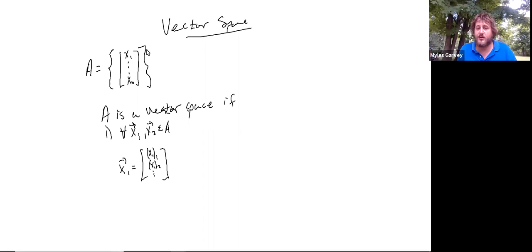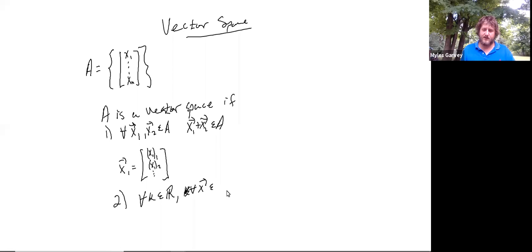Given any two vectors in a defined set, we say that it's a vector space if I can take any two vectors and the sum of those vectors is also in the vector space. The second condition is that given any k in the real numbers and given any vector in the proposed set, the scalar multiple of that vector also happens to be in that set.